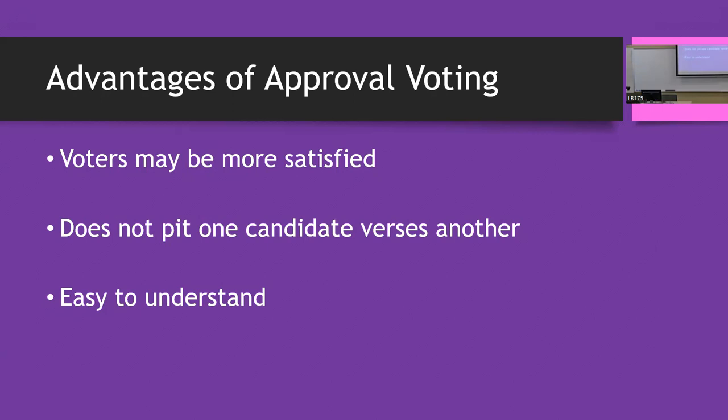And it has this other advantage that with plurality, you have to stick out. With approval, you have to get people's approvals. Does that make sense? So it doesn't necessarily pit one candidate versus another.